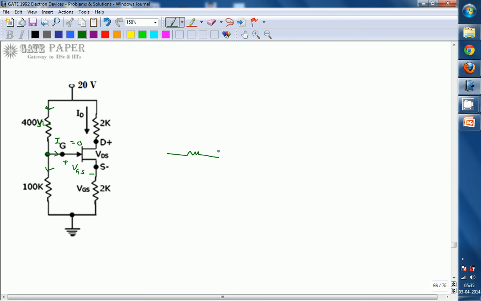This is the resistance value given to the JFET. Let's go with a neat diagram. The equivalent circuit connected to the JFET is like this.